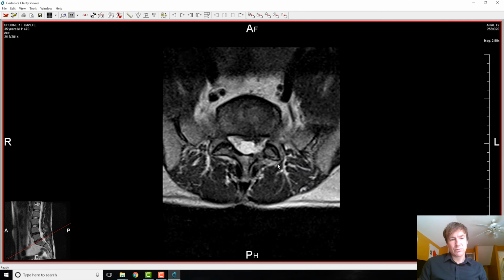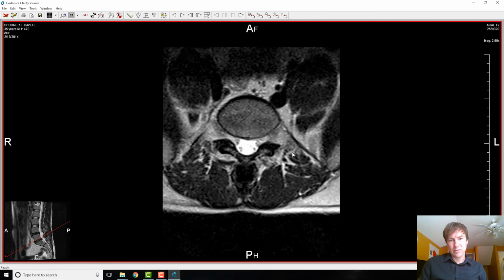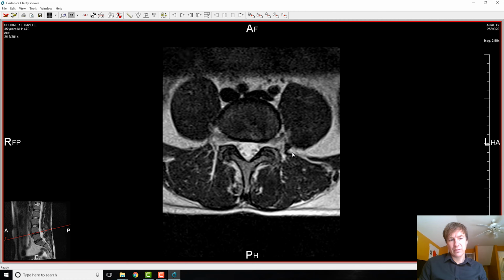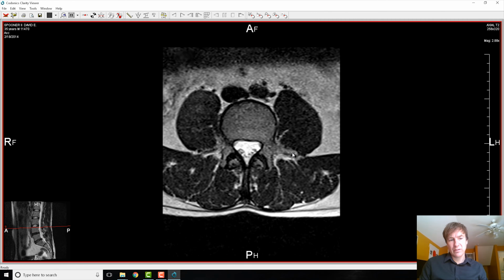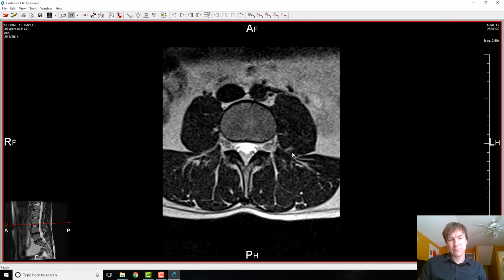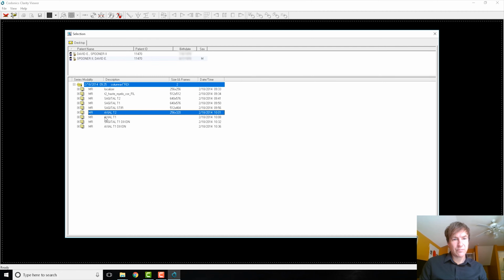So we're starting at the bottom. So this is right in the middle of the disc. Moving up, L4, L5, and this is L3, L4. Close that out. Next one.